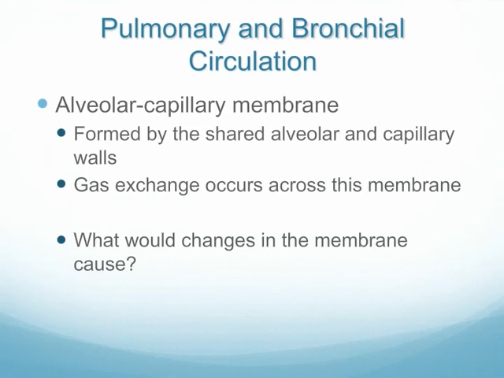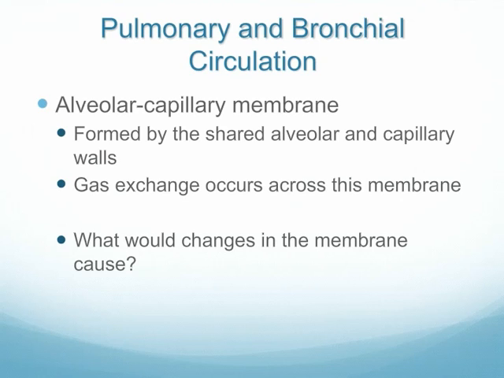Where the rubber hits the road is in the alveolar capillary membrane. This is the membrane between the alveolus, so just think of that bubble, that alveolus bubble there, and then we have a network, like a big net, of capillaries over top of that alveolus. Now, between the alveolus and that network of capillaries, there is a membrane. It's called the alveolar capillary membrane.